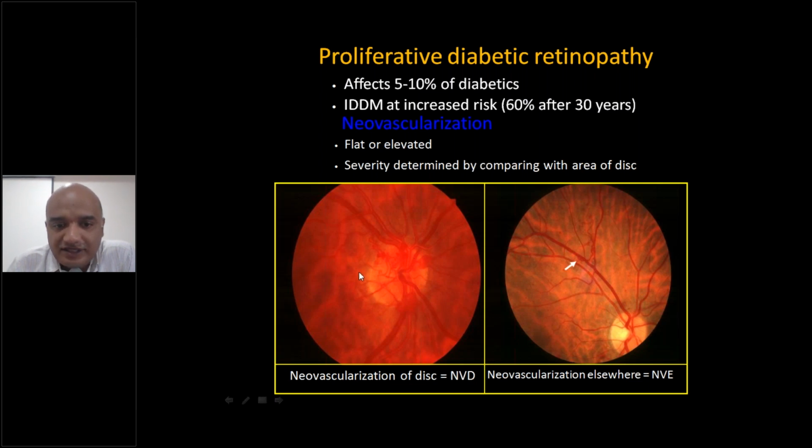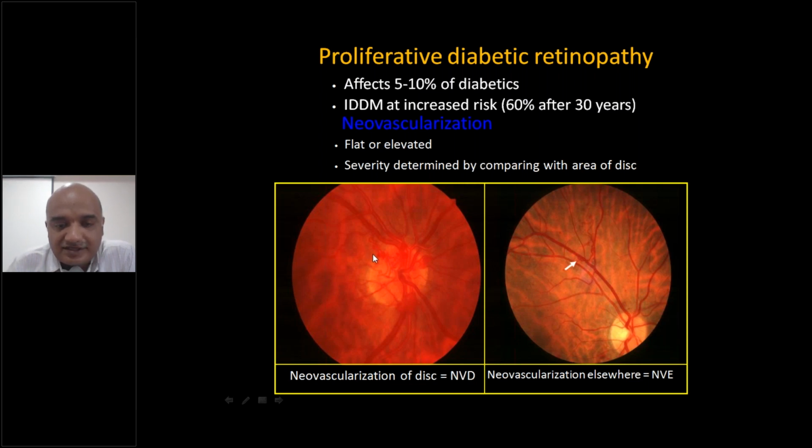Now if you see in this particular picture, these are the branching veins and arteries, superotemporal and inferotemporal. You see the veins are very much dilated. The veins are very swollen. That is one important thing. And you can see a lot of new vessels, irregularly forming loops, new blood vessels on the disc.